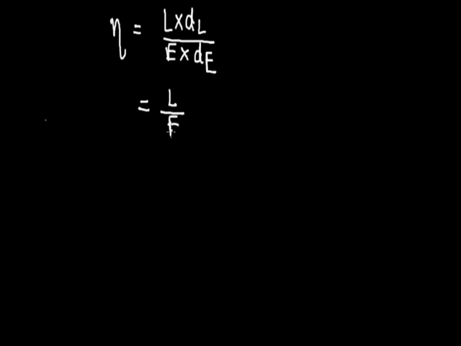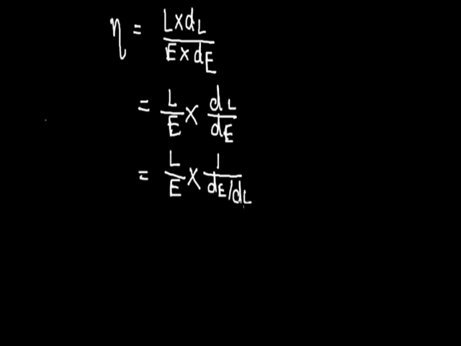So we can write eta equals load into displacement of load upon effort into displacement of effort. This term can also be written simply as L by E into dL upon dE. And similarly we can also write here L by E, means load upon effort, into 1 upon dE upon dL.